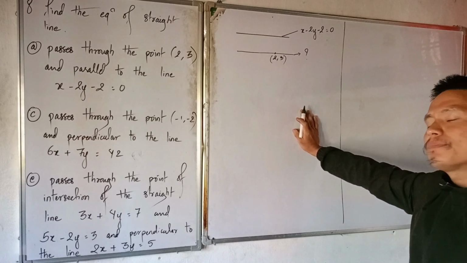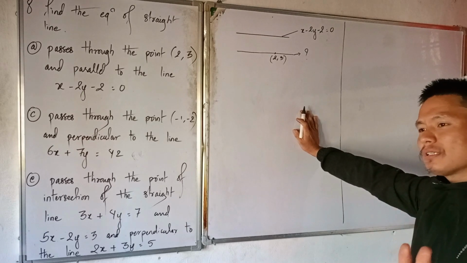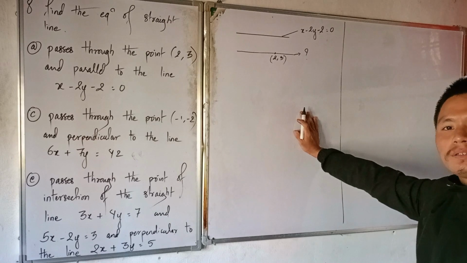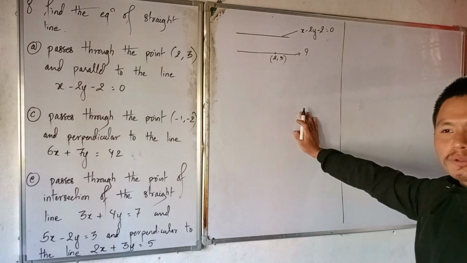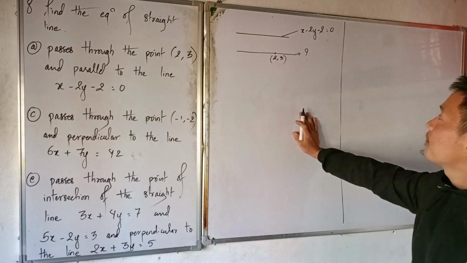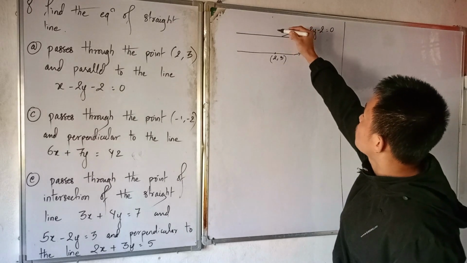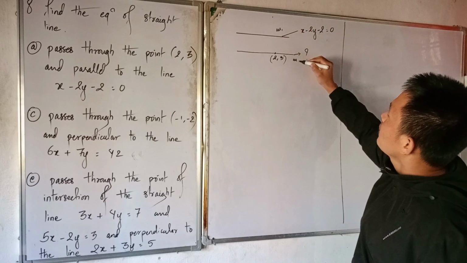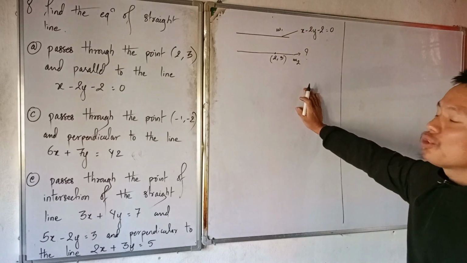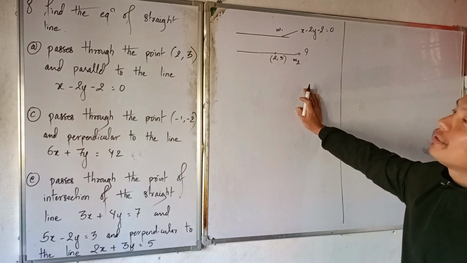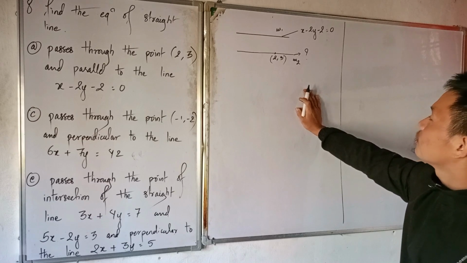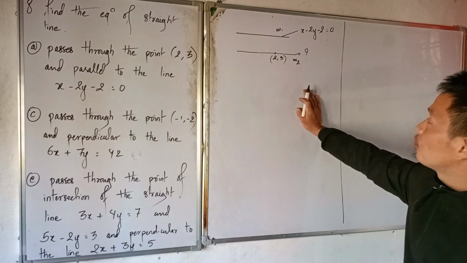It can be done in two ways. The first is by supposing the slope: let's suppose this line has slope m1 and the other line has slope m2. Then after this you can do it by the following method that we have done in number 7 also.